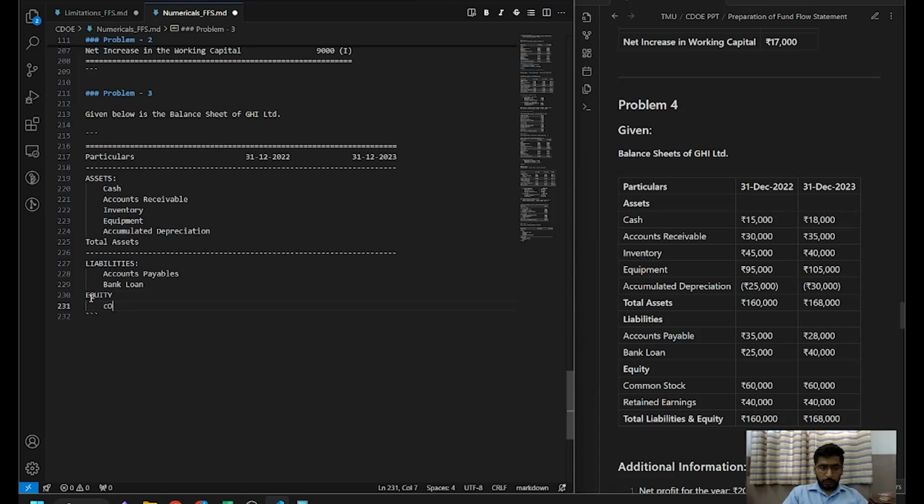In equity we have the common stock, then the retained earnings, making it the total liabilities and equity.